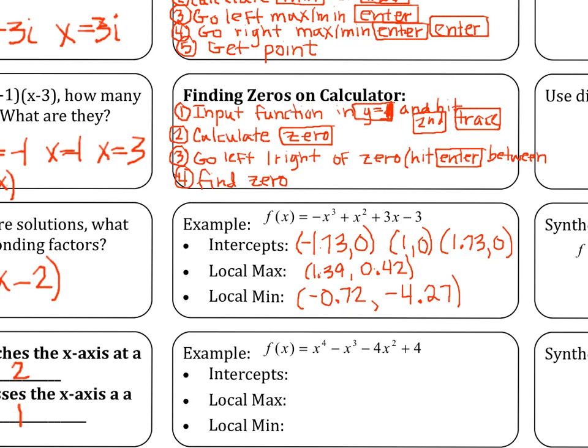For the second example here, your intercepts are going to be 1, 0 and 2.380. Notice I'm giving 2 decimal places for each of these. Your local maximum is 0.4, and your local minimum is 1.8, comma, negative 4.3.